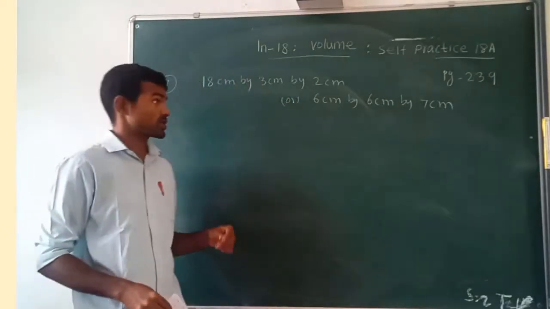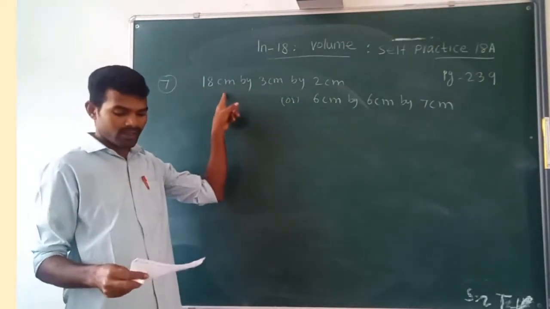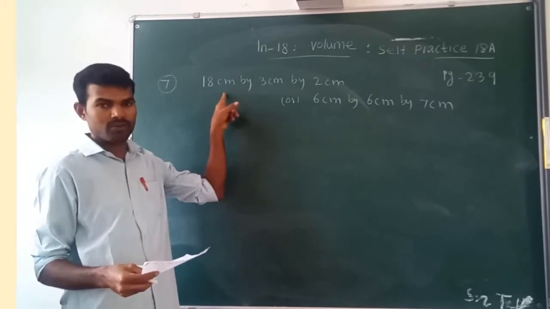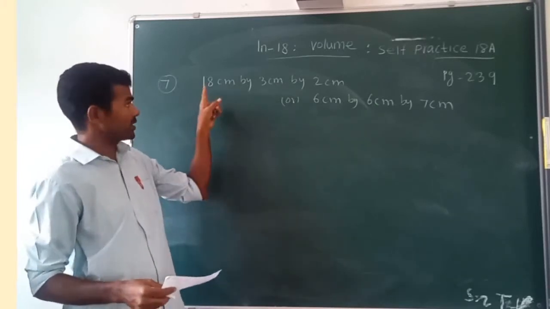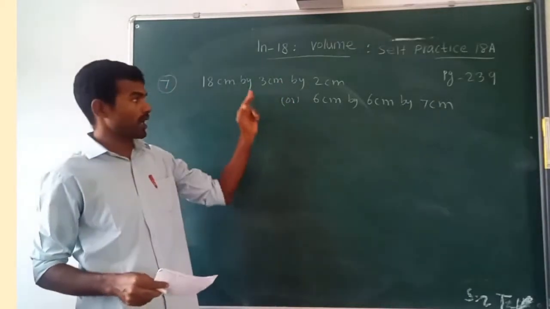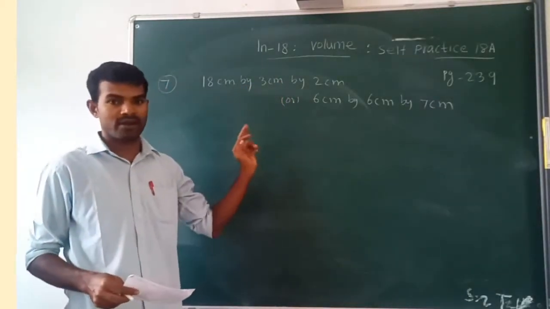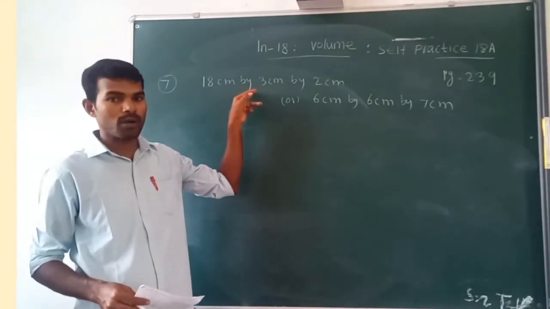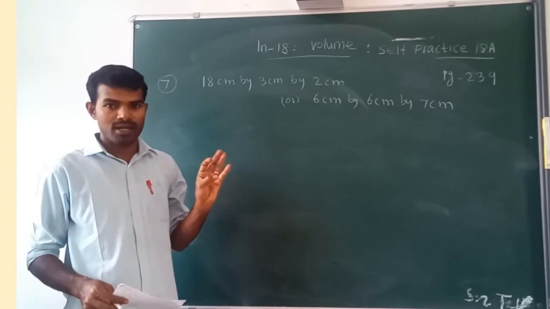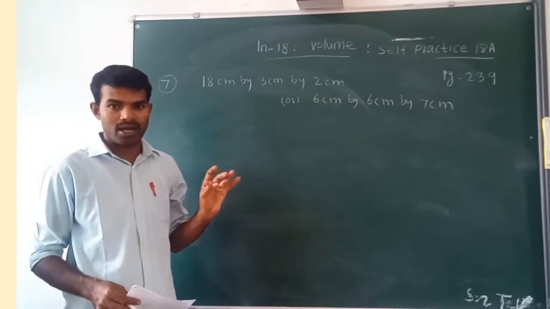Children, look at this question. Which has the greater volume, whether this one or this one. From this we can identify this is the cuboid. In the cuboid we have three things: length, breadth, height.